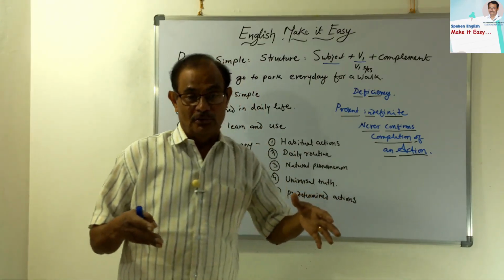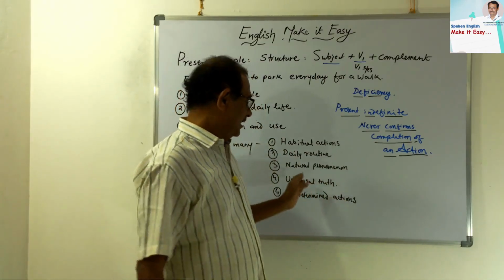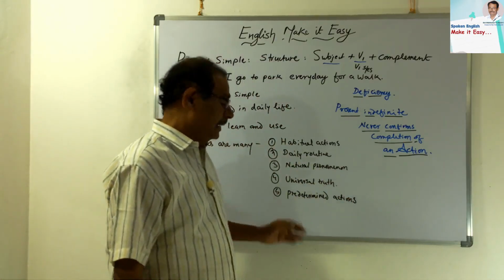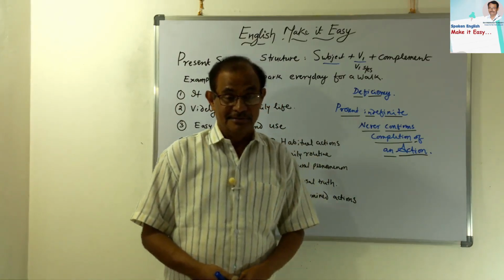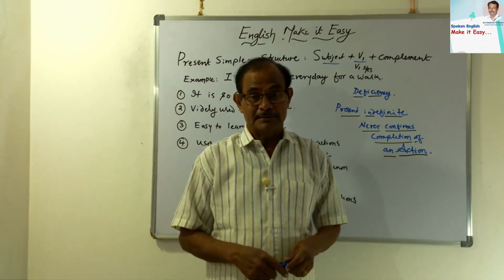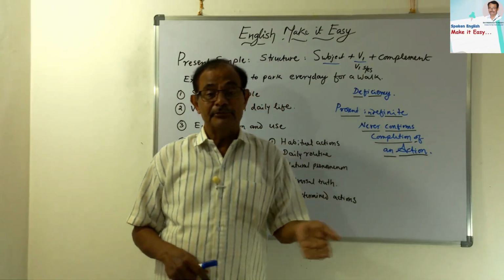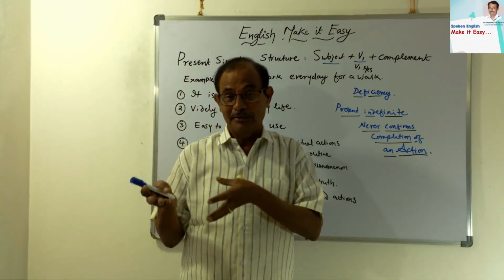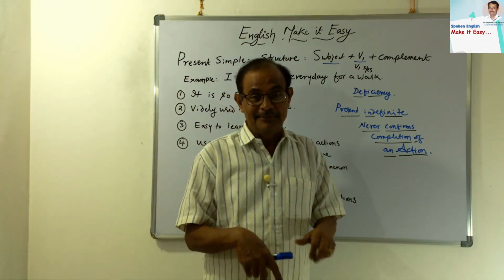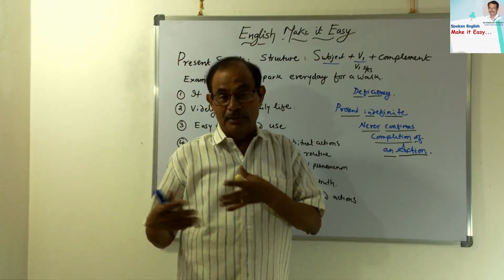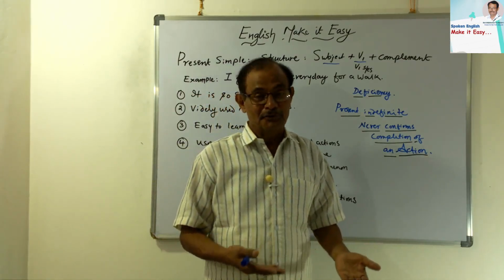General truth and natural phenomena are the same, and the universal truth I just told you. Then predetermined actions: this flight leaves to Chennai tomorrow. The time clause is tomorrow, but I am using simple present for that. My uncle arrives from Mumbai day after tomorrow.